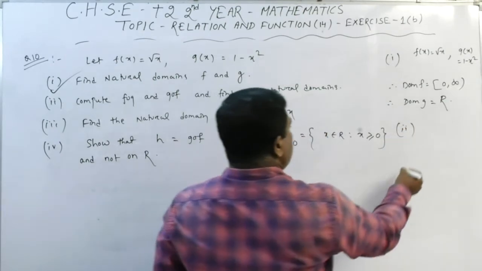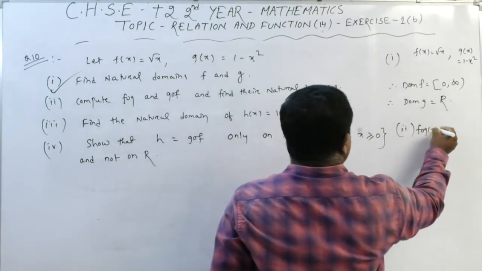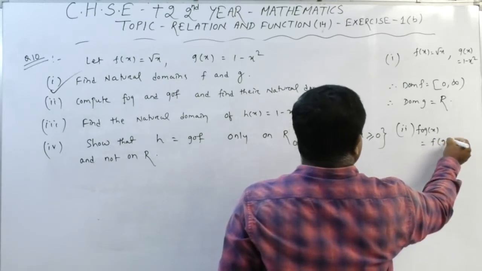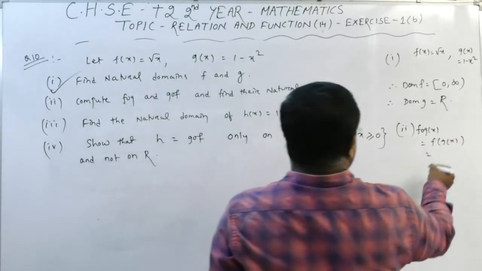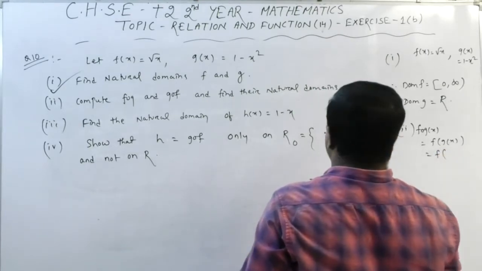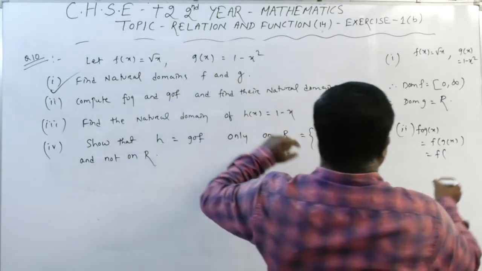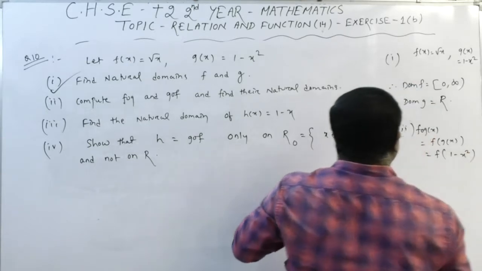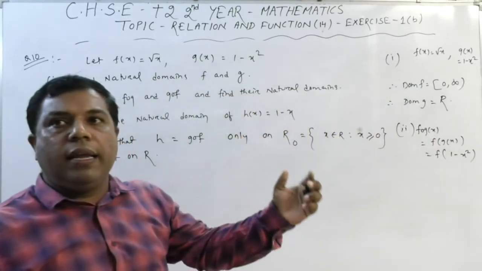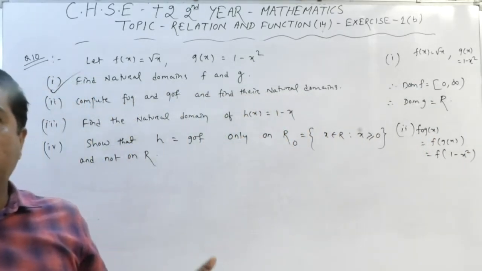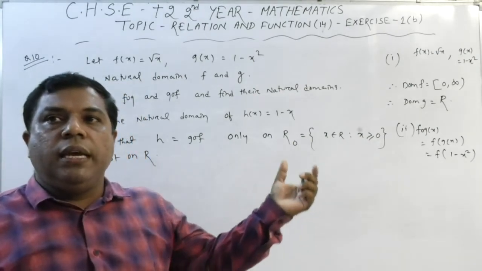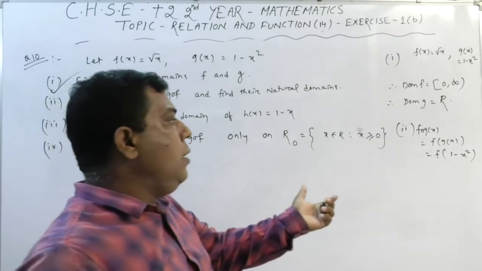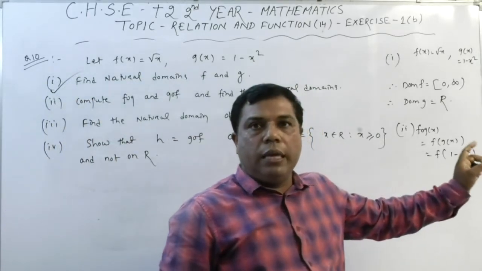Here f∘g of x means f of g of x. You see, f of g of x means, what is g of x? It is 1 minus x square. As I suggested, in evaluating the function, the range element of g behaves like the domain element of f. Yes or no?